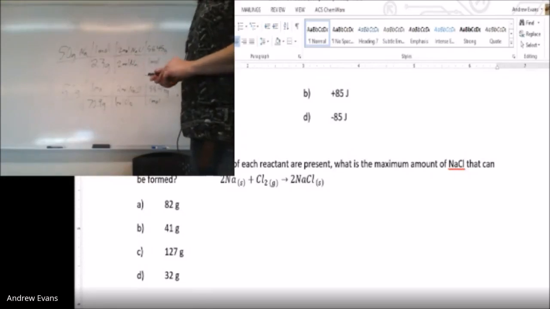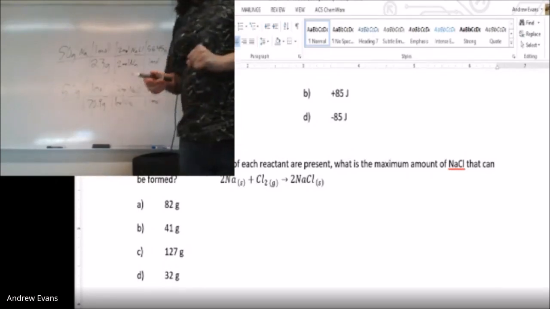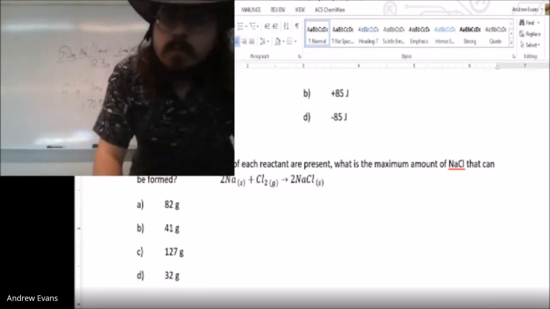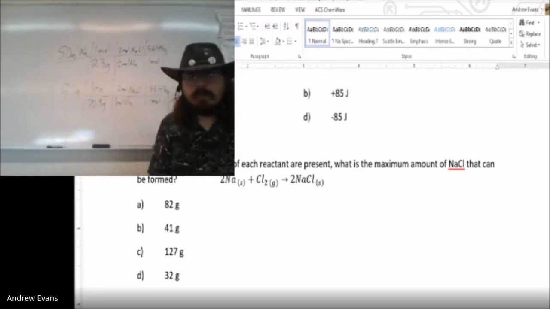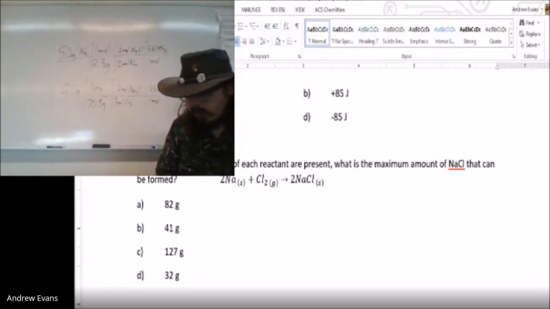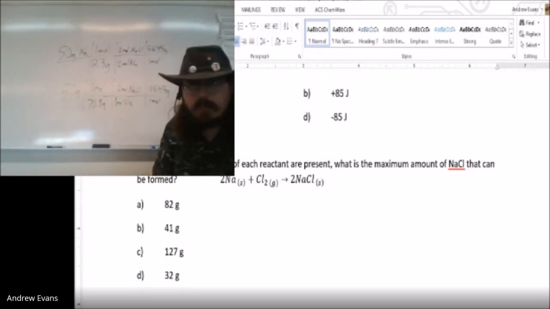So one we have divided by 23 times 2, which is 46. The other one is divided by 70.9 times 1, which is 70.9. So if I work this out, if all of the sodium were to react, we could get 127 grams.